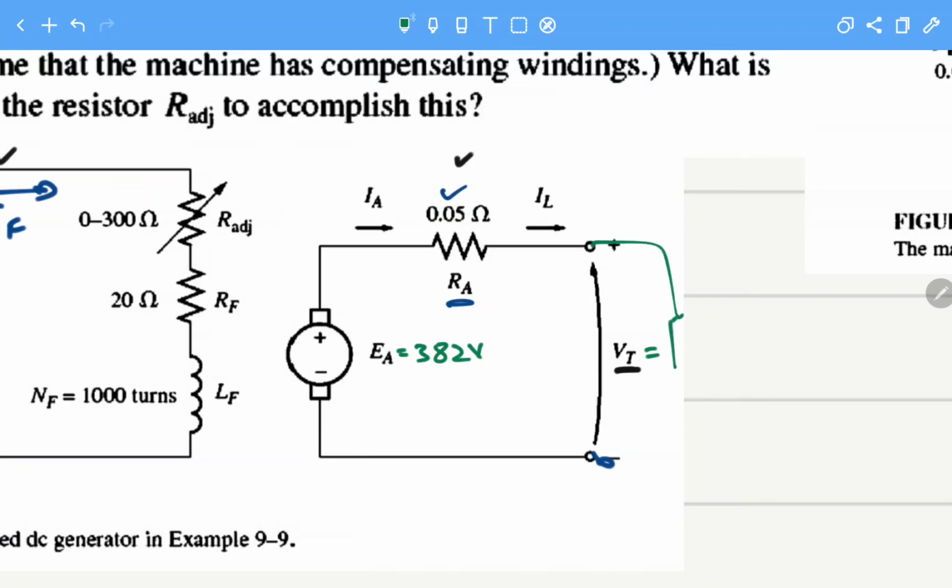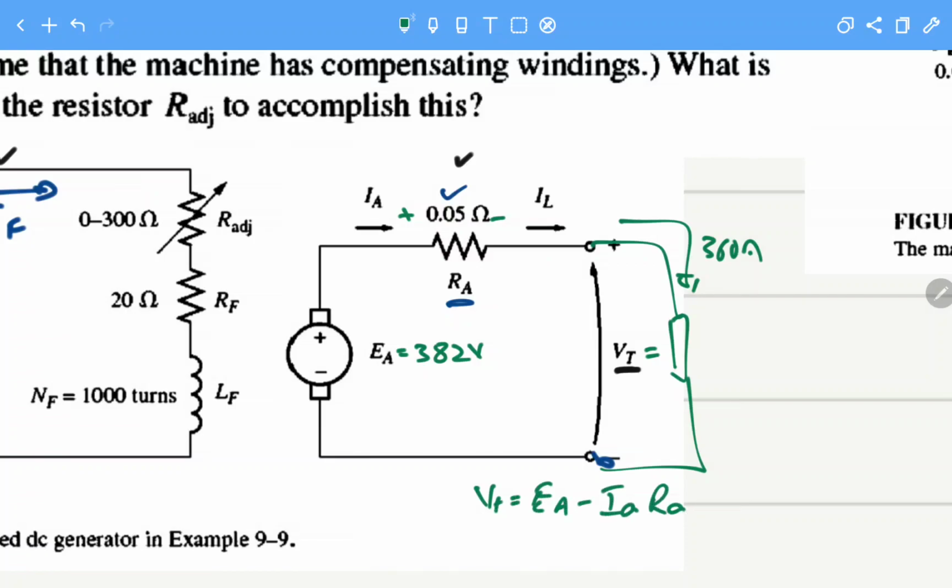But when you connected a load drawing 360 amperes, there was a voltage drop here. That is why Vt equals Ea minus Ia Ra.